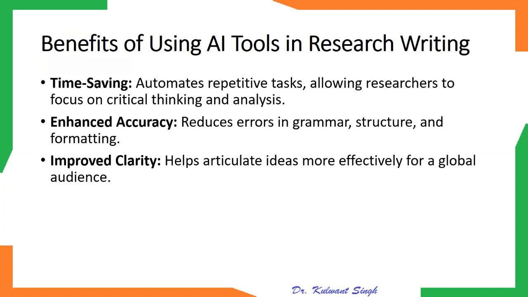AI tools help the authors to present their ideas to a global audience in a better way, because we are bounded by our geographical area, but this tool will connect us globally.